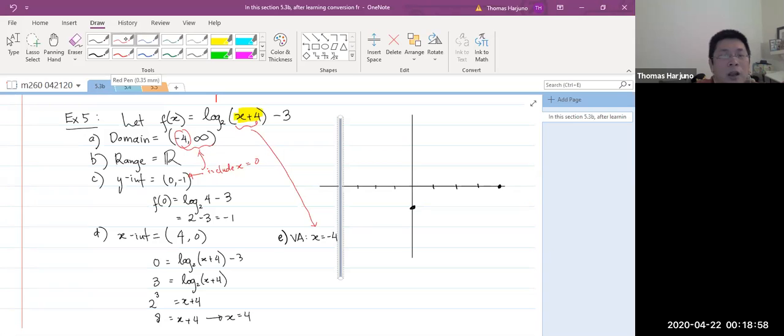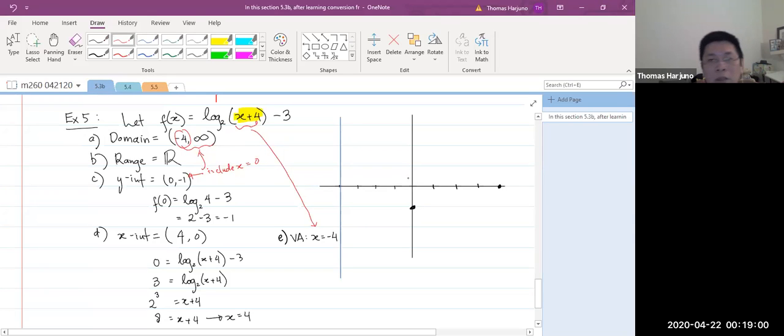Let's find the other 3 important coordinates. The 3 important coordinates for log base 2 are (1, 0), (2, 1), and (1/2, -1). So I imagine the graph of log base 2 of x looks like this.